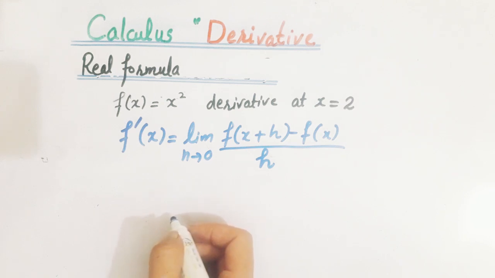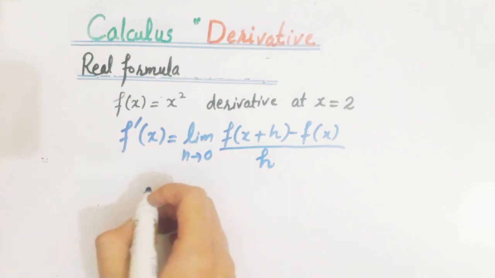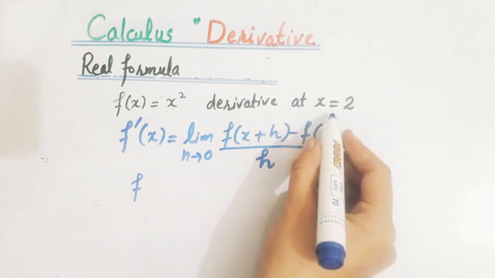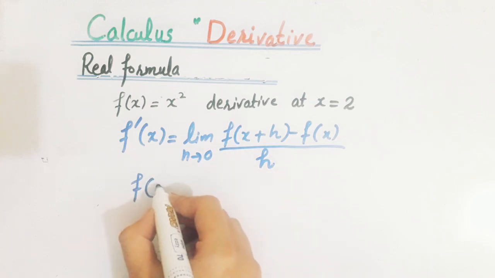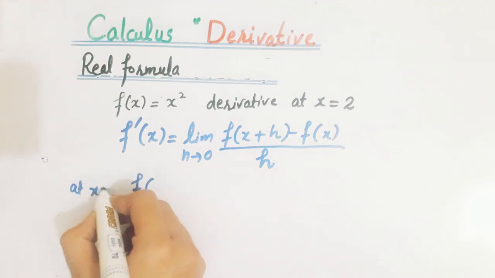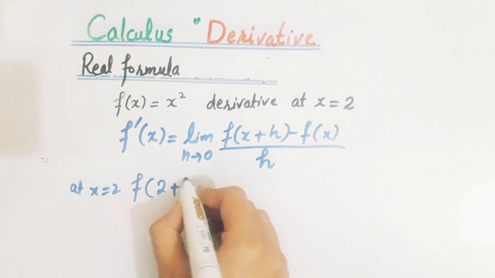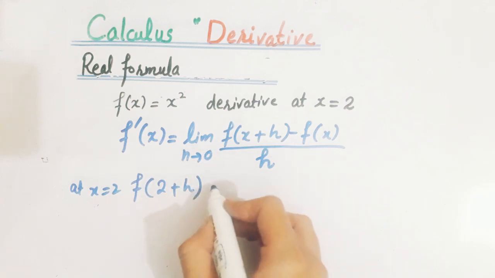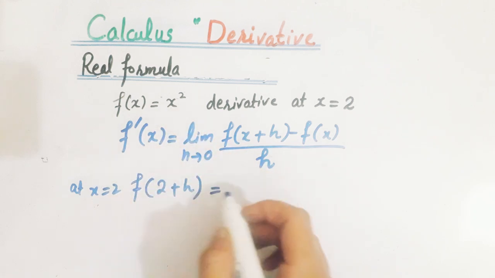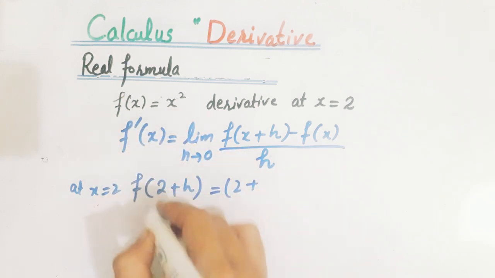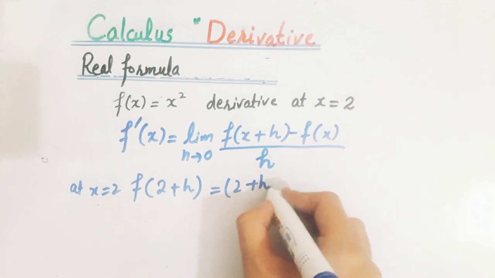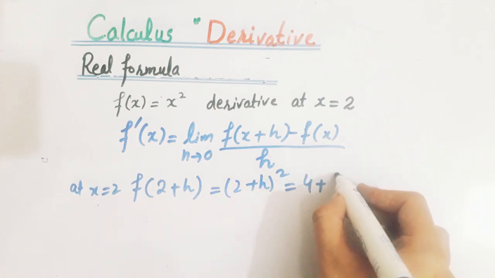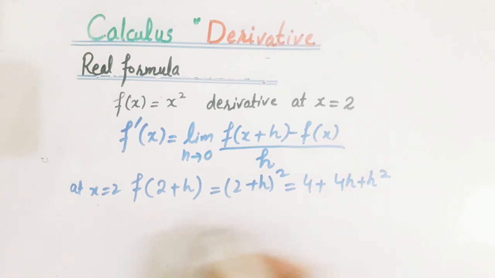Now we will use this function. First of all, at x equals 2, we will calculate f of 2 plus h. So 2 plus h, and f of x equals x square, it means x is replaced by 2 plus h, so 2 plus h whole square. That is 4 plus 4h plus h square.